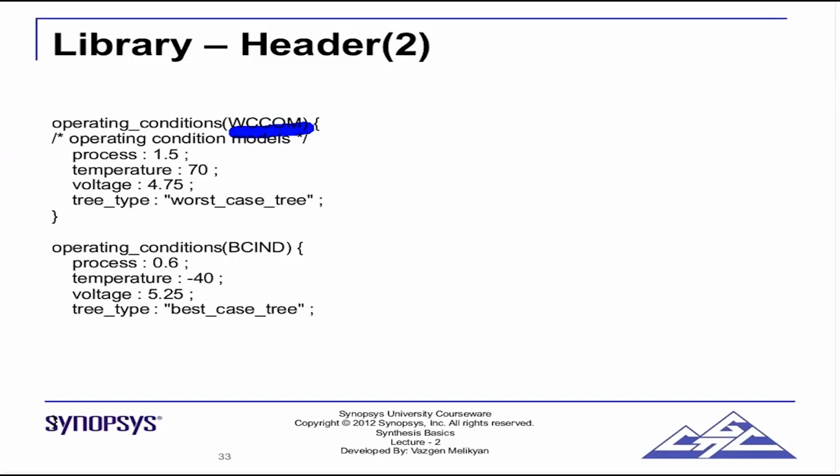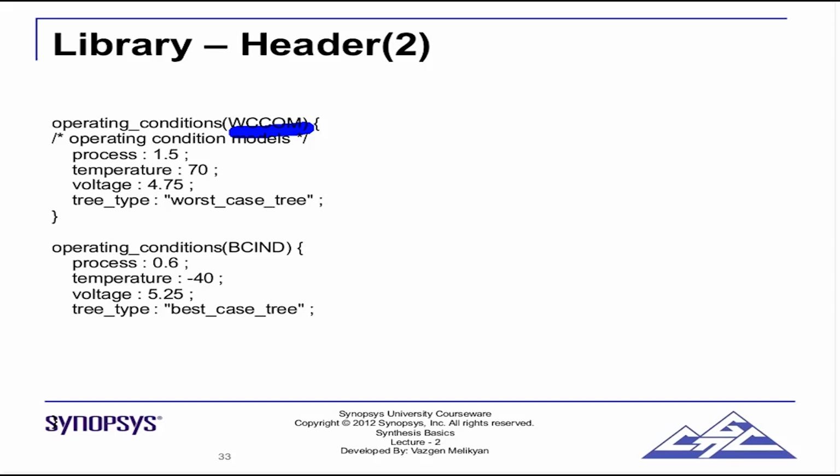The process factor tells us that since the nominal process factor was 1 and the worst case process factor is 1.5, all the delays in this library, if the delay was 1 for nominal and you choose the worst case corner, this particular operating condition, all the delays will get multiplied by 1.5. So all the cells will get 50% slower for the worst case corner.